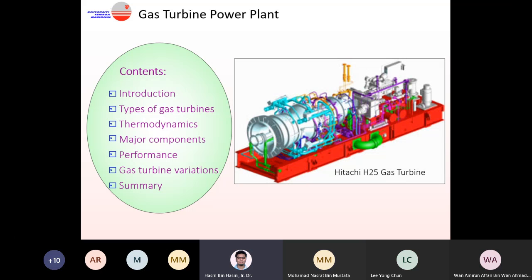This is the exhaust gas after it leaves the turbine. And then the last one is of course the air flow rate. When we talk about the mass flow rate, it also has a significant effect on the performance of our gas turbine.